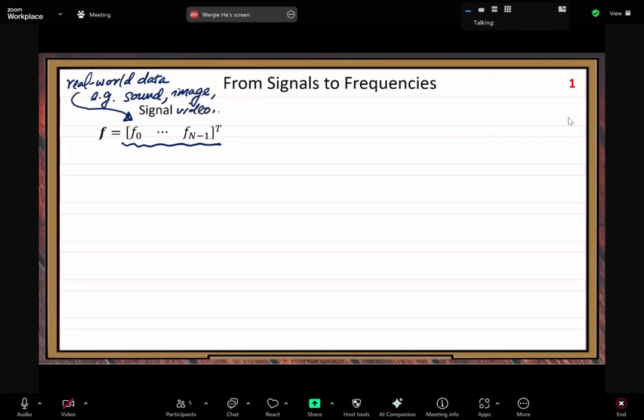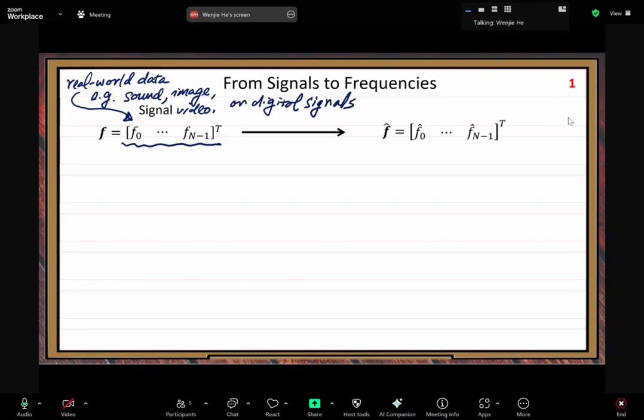When we do processing, we use a sequence of numbers, digital signals. So here the signal is a digital signal, not an analog signal. We are working on digital signals.